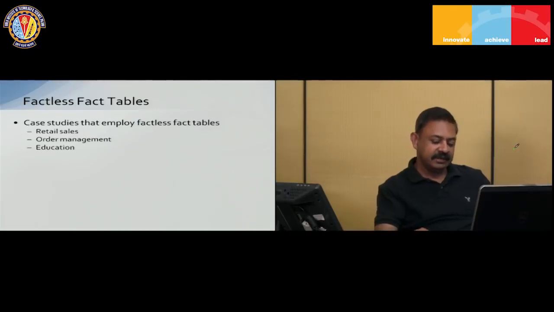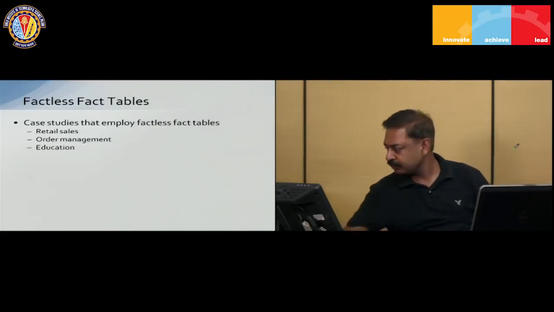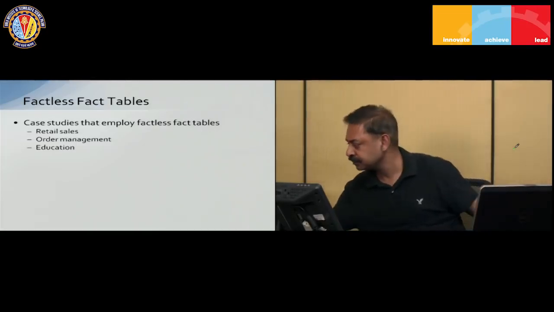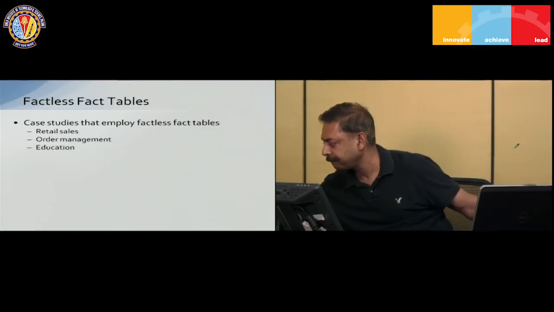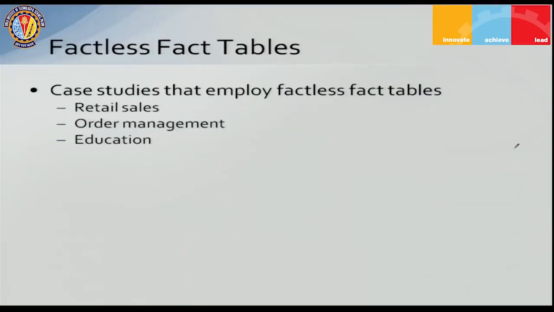And then we have attendance, where we talk about the registration event and the attendance event. These are the case studies, not the entire case studies, but the parts which require factless fact tables will be discussed.